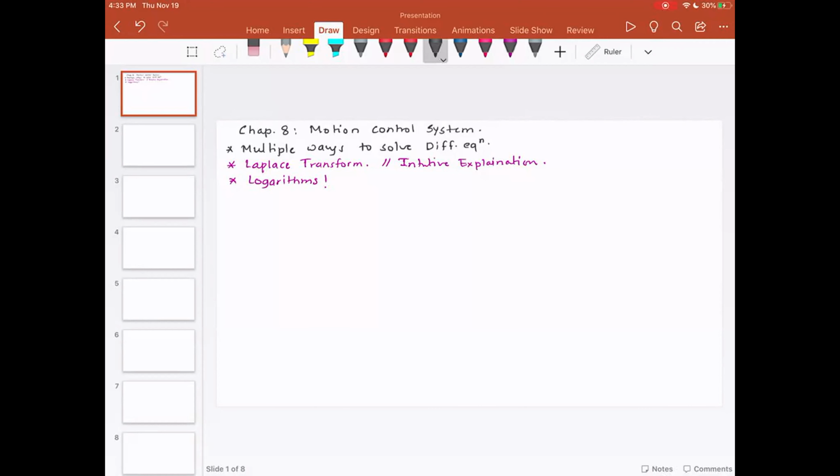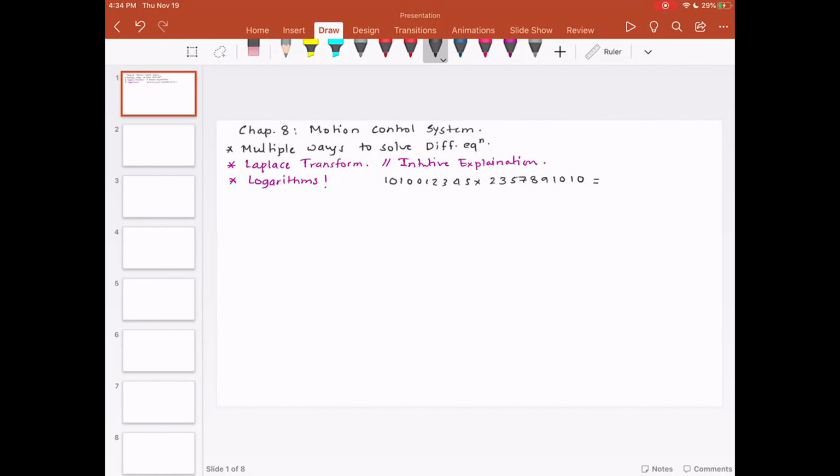What is the biggest advantage of logarithms? I want to give you a number. So I have this huge number that needs to be multiplied with another huge number, and then I want to find the multiplication of these two numbers.